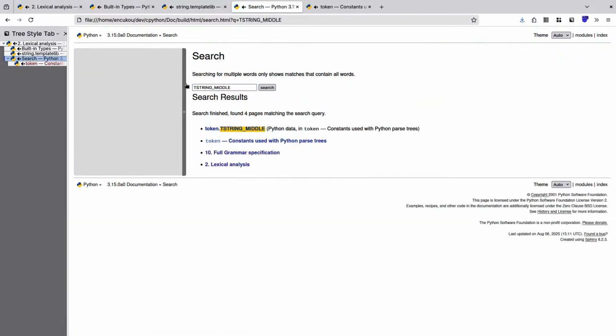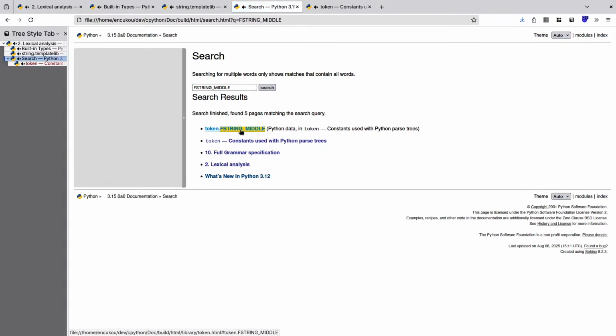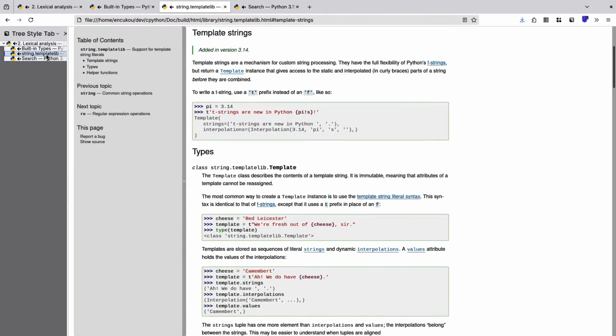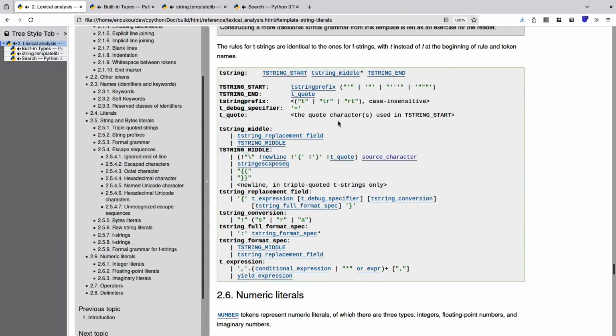If you search for f-string middle, you also get the token. And the rest here, I don't think is something you'd want to search for using Control-F.